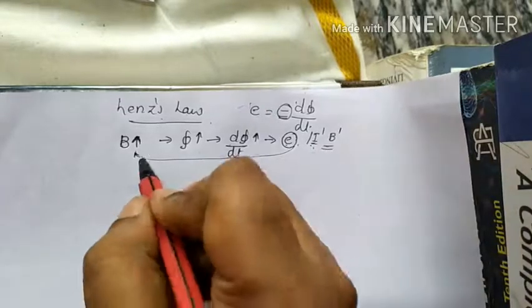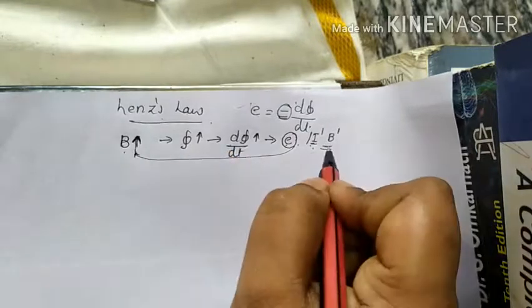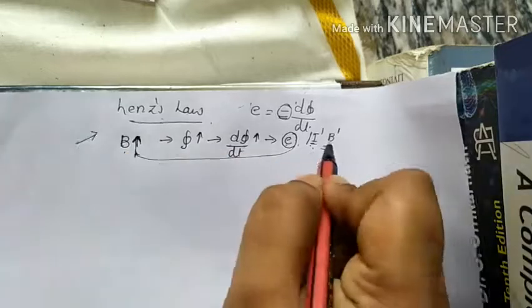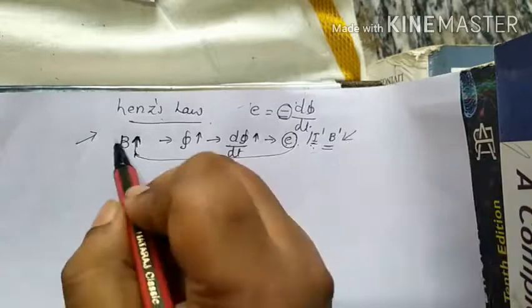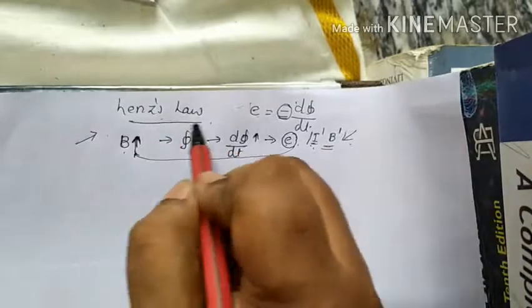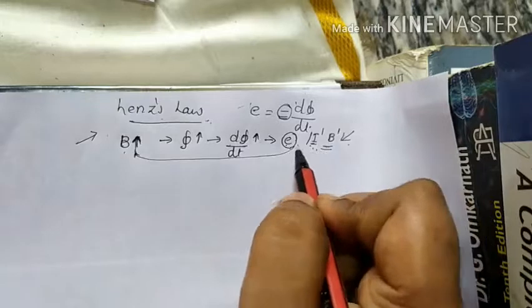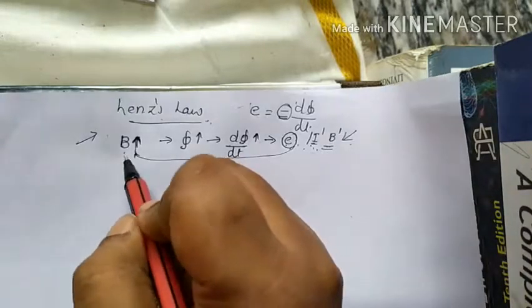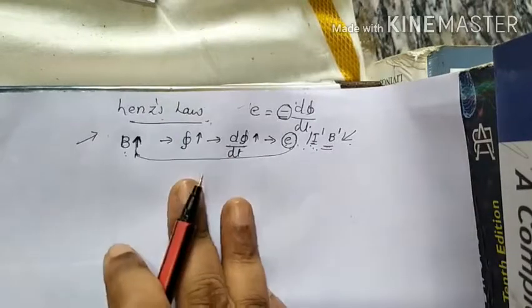This B dash will be opposite to that of B. If B is increasing and is in the into direction, B dash will also be increasing but in the opposite direction. So Lenz's law states that the direction of induced EMF or induced current is always such that it opposes the cause producing it.